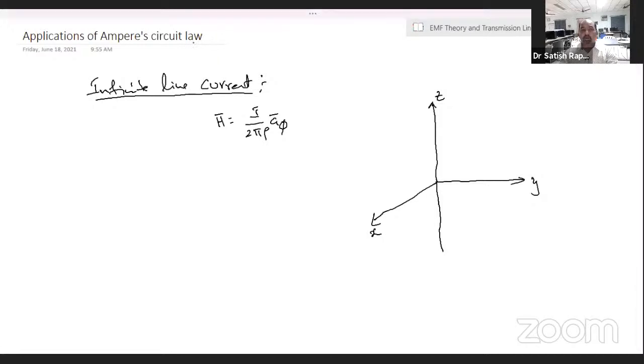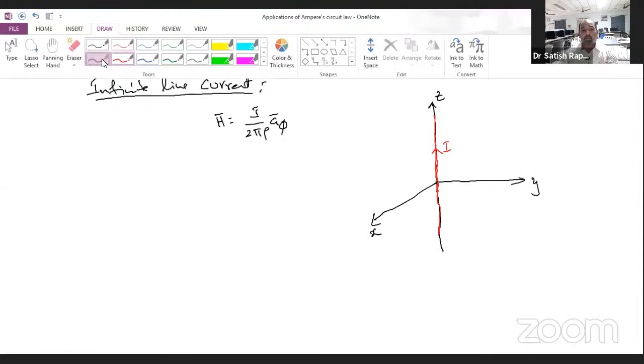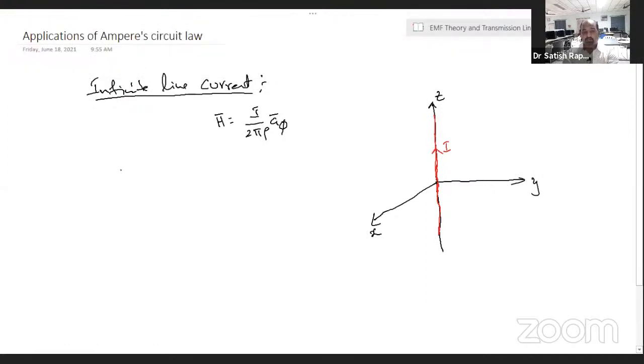Let us consider an infinite line charge along the z-axis, which carries a current I, to determine the magnetic field.